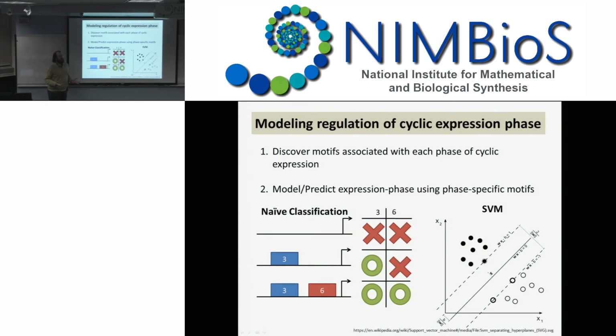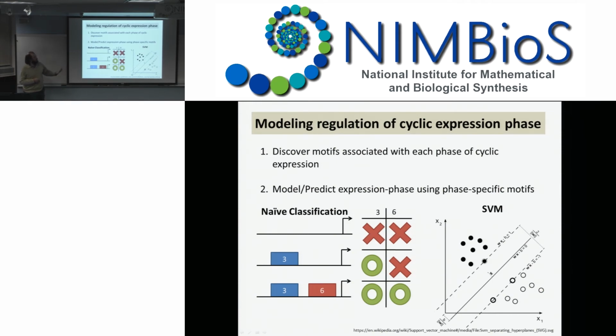Same thing is happening with our data, except instead of two dimensions, two features, this machine learning method is going to try to build the plane across multiple dimensions. And in doing that, it's going to weight and identify different motifs that are more or less important to different phase groups. There's a lot you can do once you get past this step. Once you have a set of motifs you think are important, you can start exploring connections, trying to connect them to specific proteins.